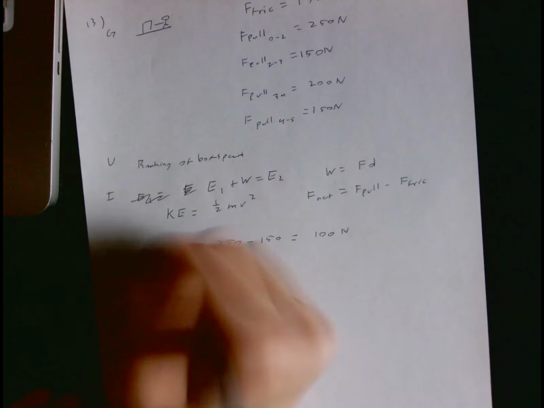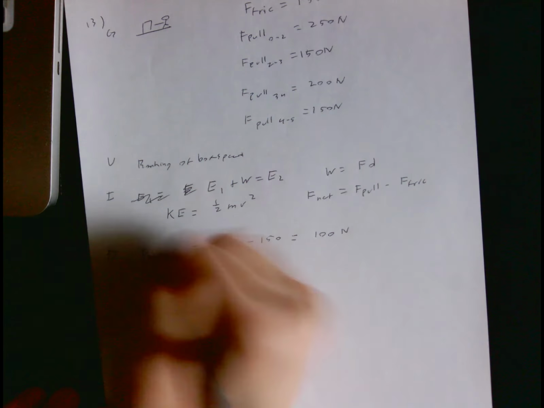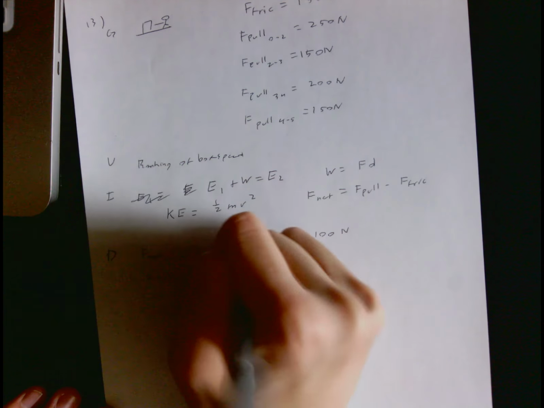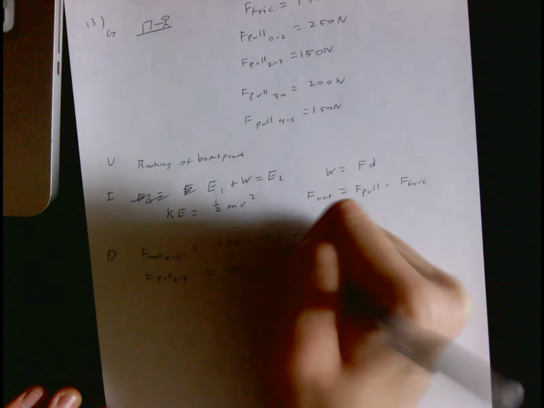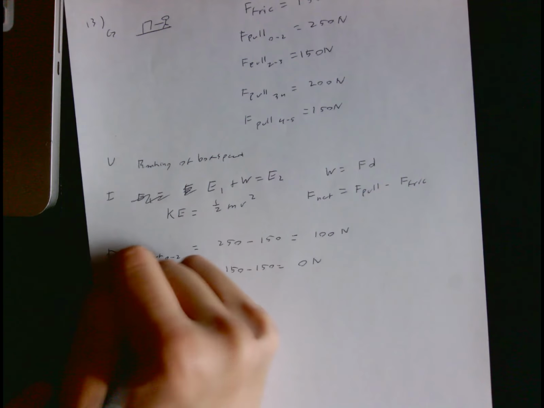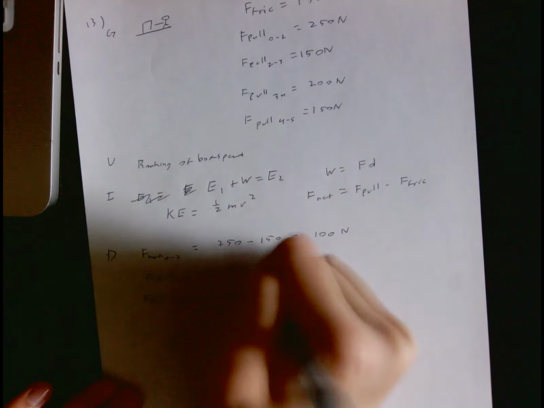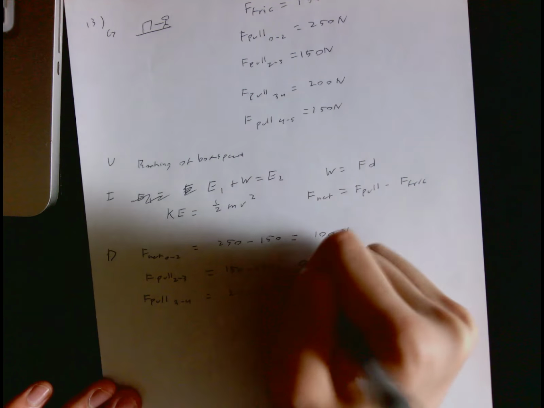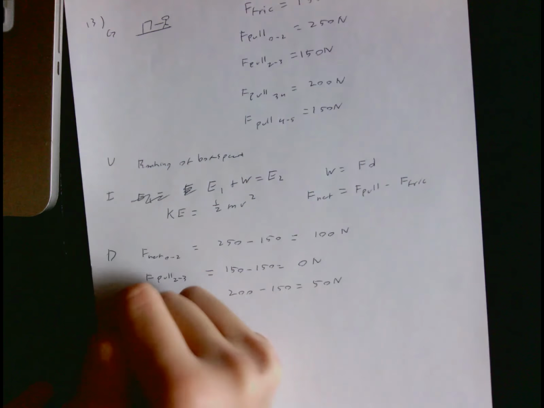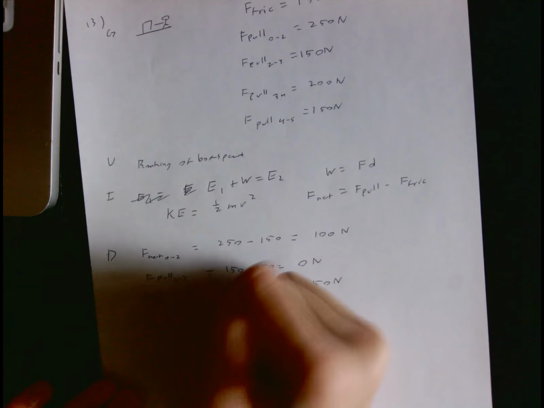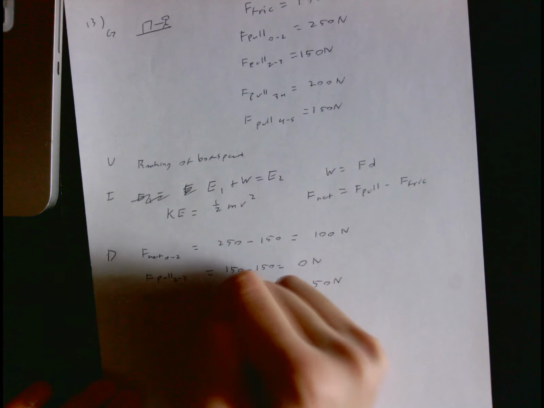We can also solve from 2 to 3 seconds, which is 150 minus 150, or 0 newtons. From 3 to 4 seconds, it's 200 minus 150 newtons, or 50 newtons. And finally, from 4 to 5 seconds, the net force is 0.